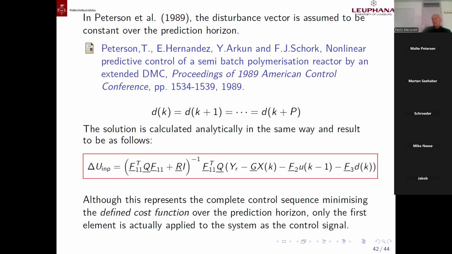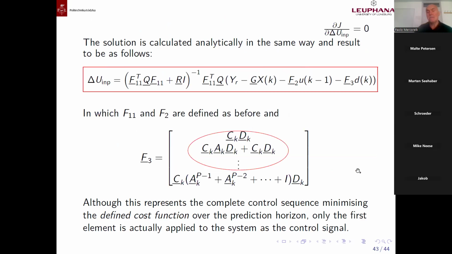Let me speak about these three matrices, even though the matrix G is exactly the same. The matrix F11 is exactly the same, which we have seen very quickly now in the variation delta U. Interesting to look at F3. The F3, as I told you, is exactly the matrix which I introduced today at the beginning, but instead of B, which is the map of the input, I have a D, which is the map of the disturbance.